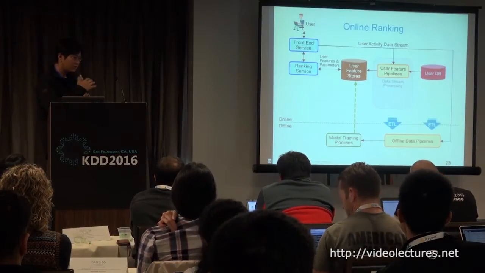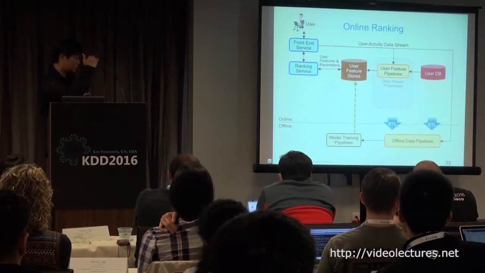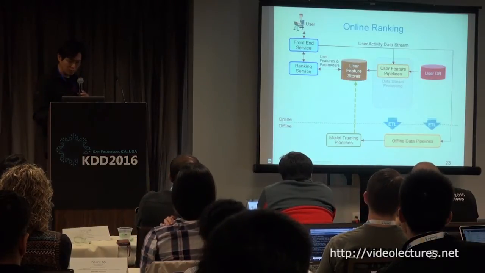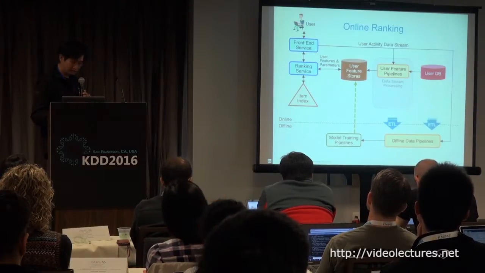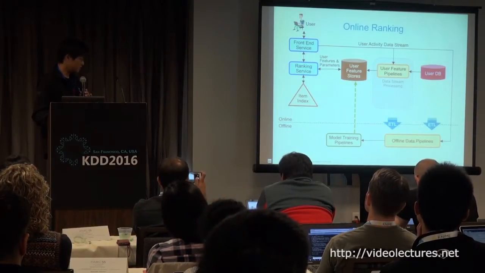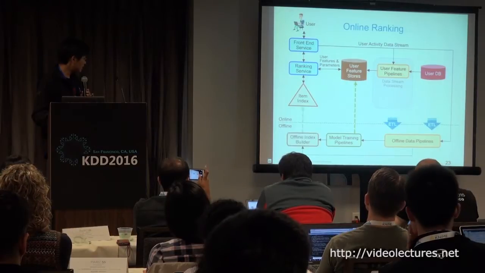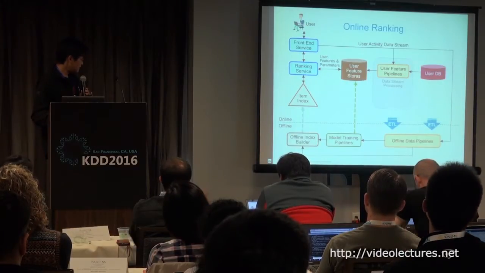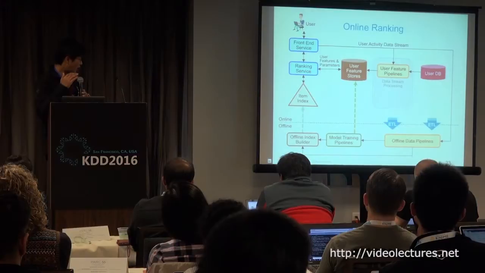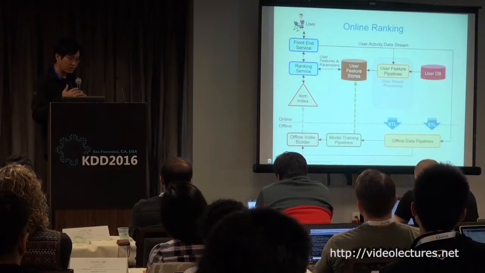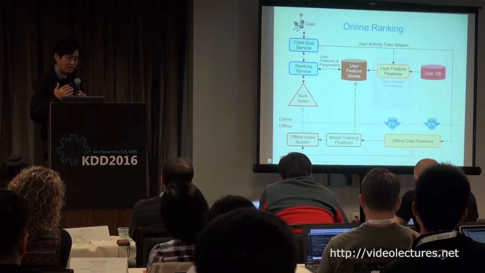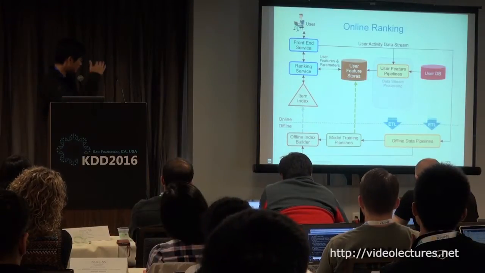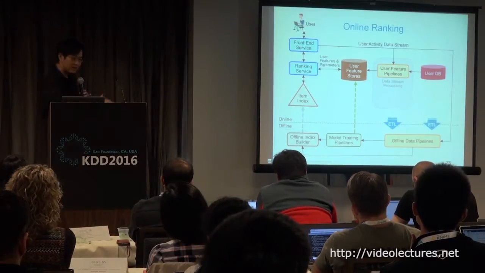And then the ranking service will pass the user features and parameters to the item index. And in the item index, we have features for each of the items. And the index is periodically built on Hadoop, for example, daily or weekly. However, there will also be some new items generated after we finish the offline index build.